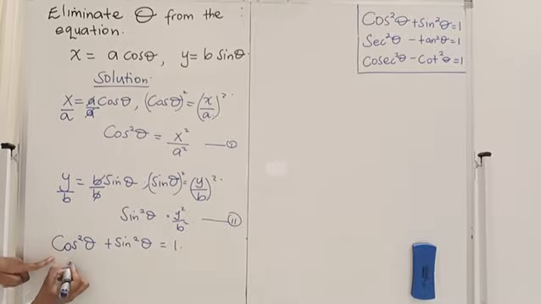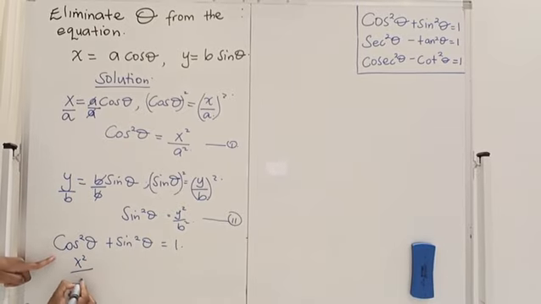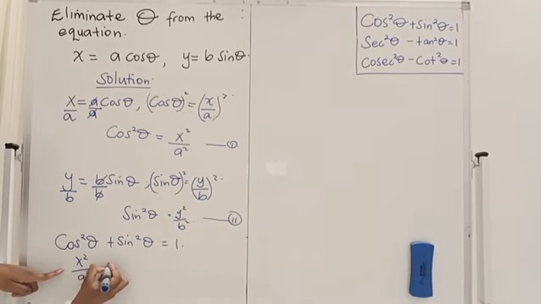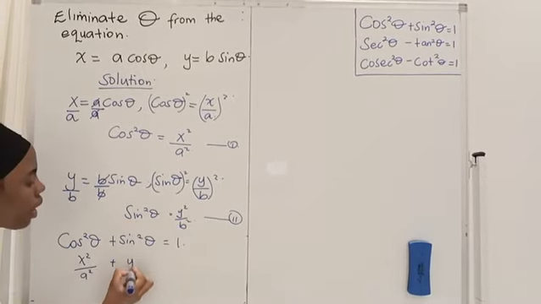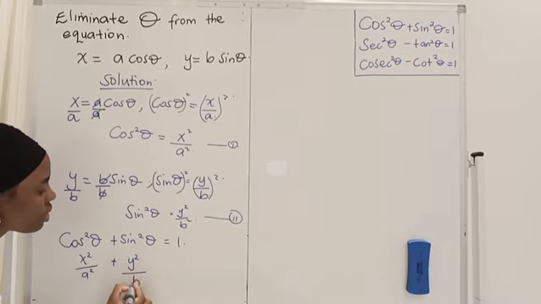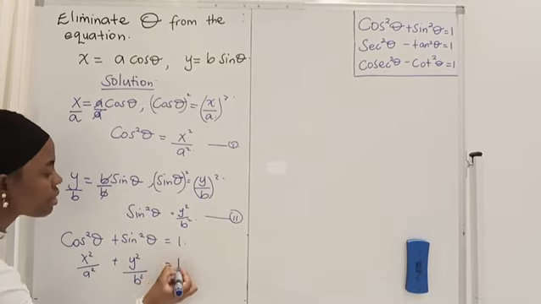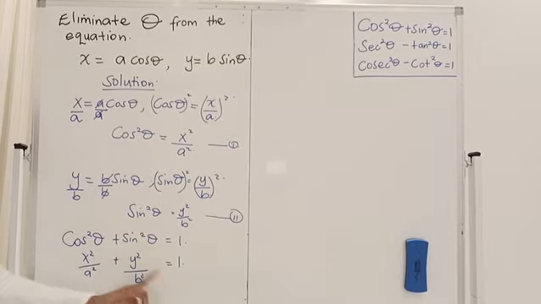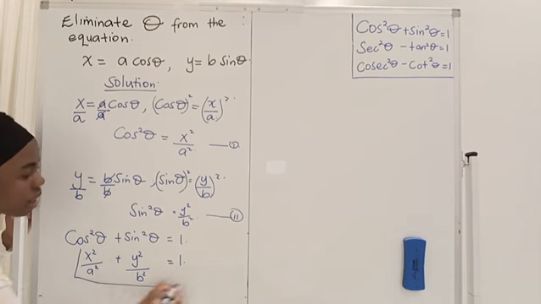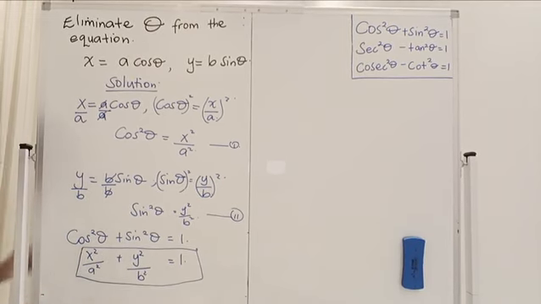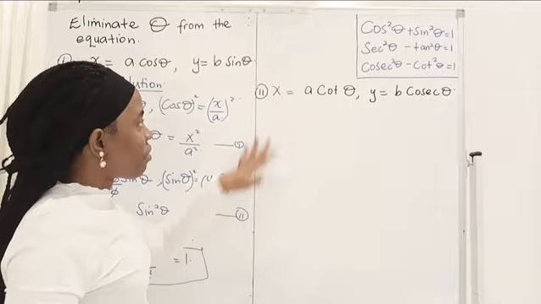Cos squared theta is x squared out of a squared plus, what is sin squared theta? Sin squared theta is y squared out of b squared, and we are saying that this is equal to 1. Now you see that theta is eliminated from the equation, so this is our answer.